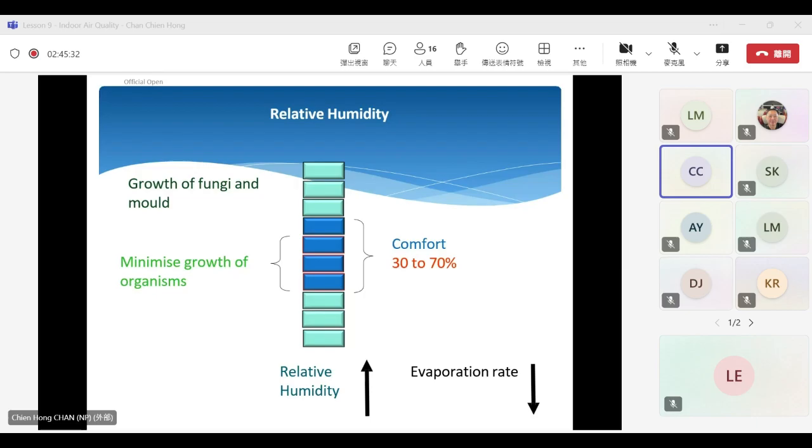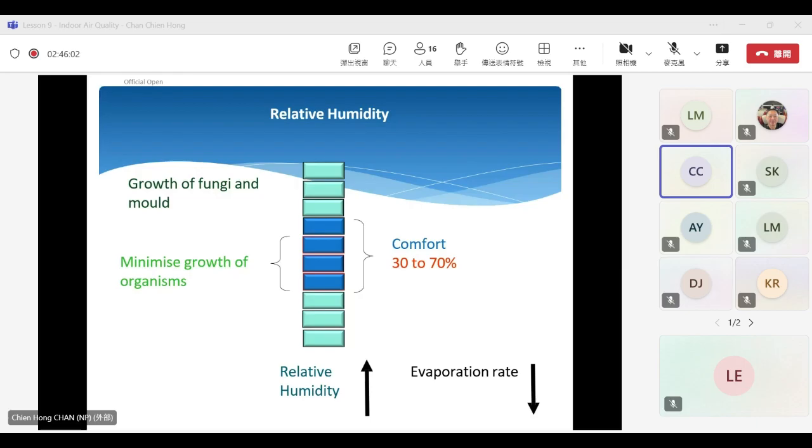If I tell you that the relative humidity of the air is 0%, for example, what it means is that if I spray any water on the floor, it will evaporate straight away. Right? So that's the effect of 0% relative humidity, or a very low percentage of relative humidity in the air.